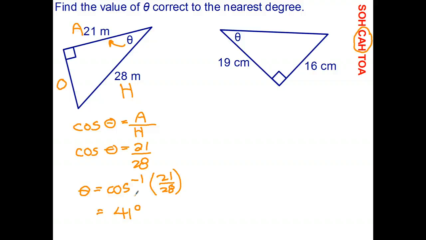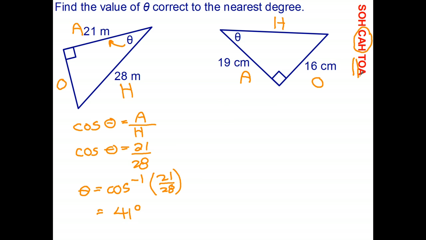Okay, welcome back, students. Once again, we'll start as usual by identifying the hypotenuse, the opposite side and the adjacent side. Now the two sides that I know are the opposite and the adjacent.